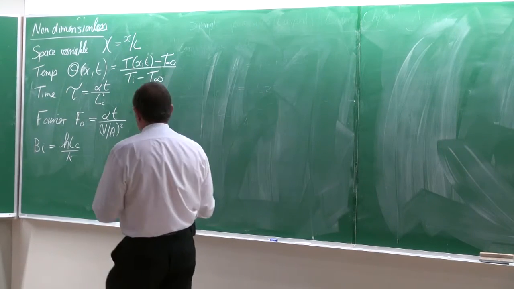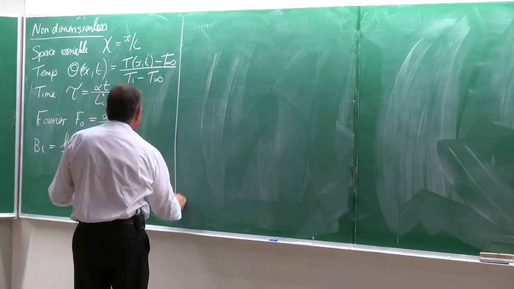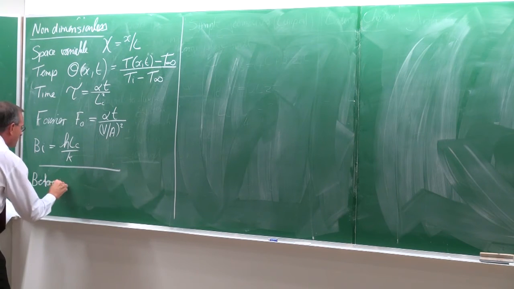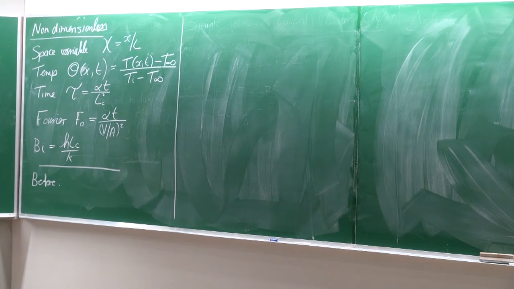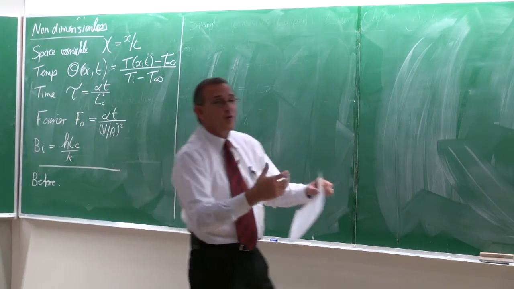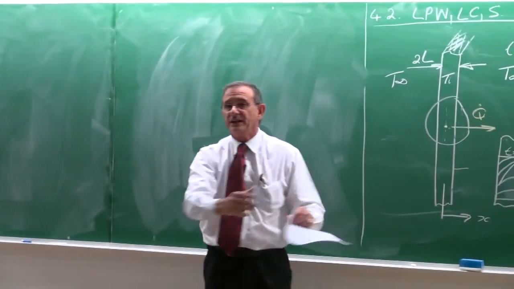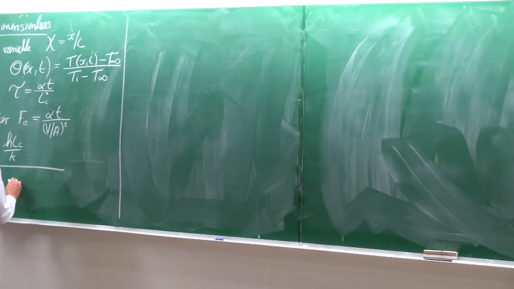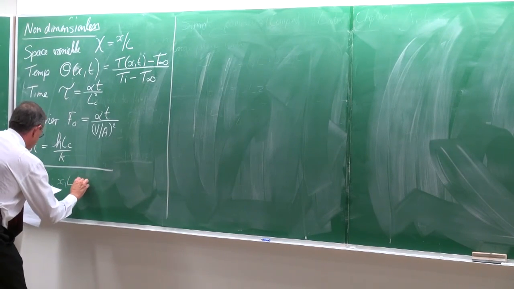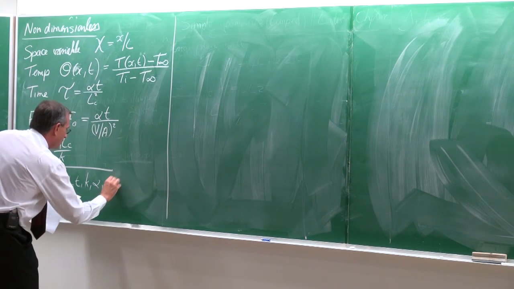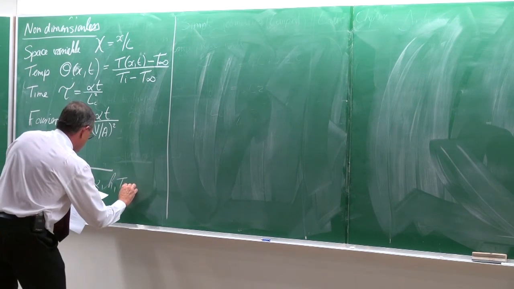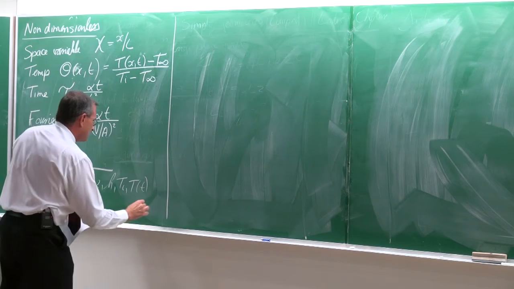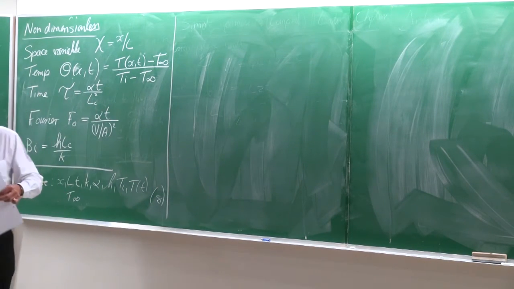Okay, so if we look at this problem before it was non-dimensionalized, and we look at all the variables that can influence the heat transfer rate, if you go through them very carefully, you would see that they are x, L, t, k, alpha, the heat transfer coefficient, Ti, the temperature as a function of t, and T infinity. So in total, there are 8 variables that can influence this problem.